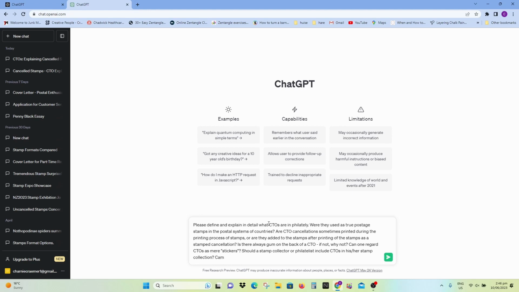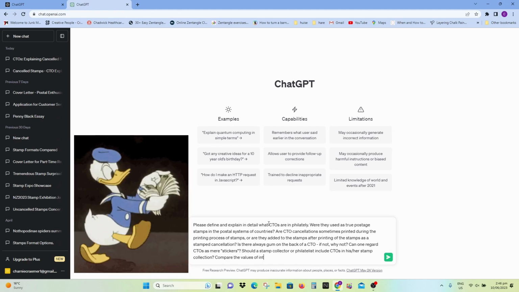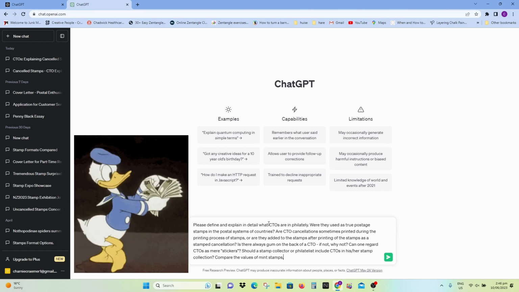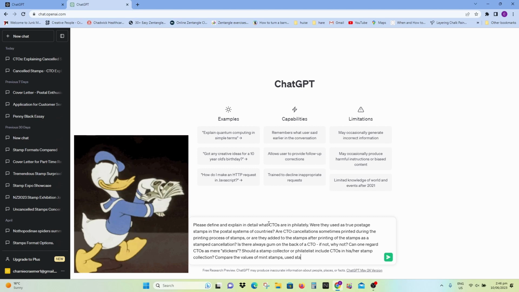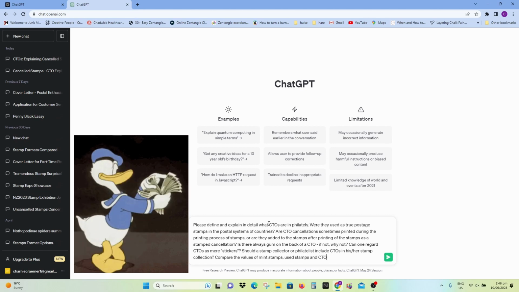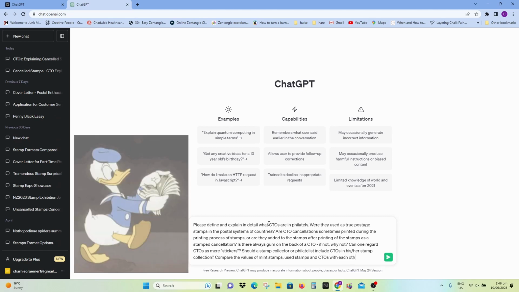Let's see. Okay, sorry. Compare the values of mint stamps, used stamps, and CTOs with each other.